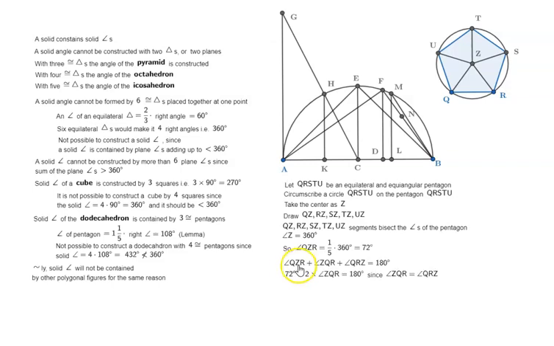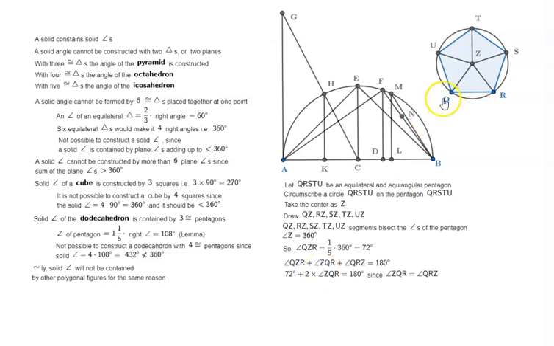We already know that angle QZR is 72 degrees, and angle ZQR and angle QRZ are both equal because they are opposite to equal sides. ZQ is equal to ZR because they are the radii of the same circle.